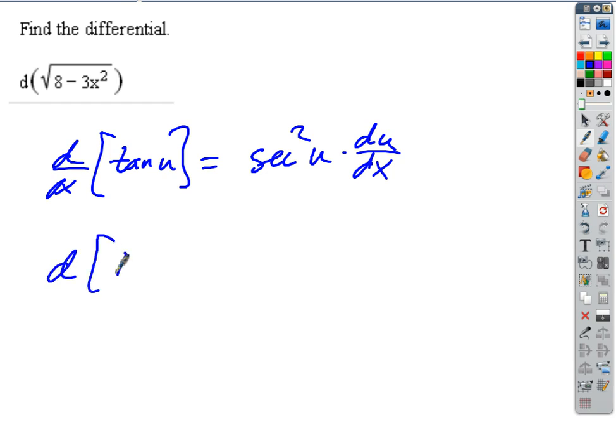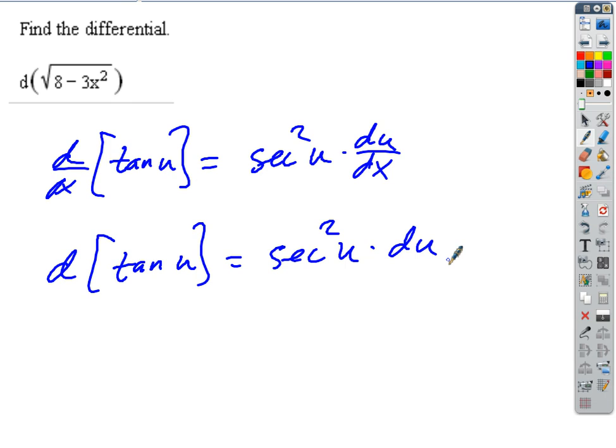Secant squared u times du dx times dx, that's du. So you can think of the differential form of the derivative as the way that we would slice this up into incremental pieces. Infinitesimally small vertical changes in tangent u are always going to look like this. If I wanted to take pieces of something and add them up to get a whole, those are the pieces I'm adding up.